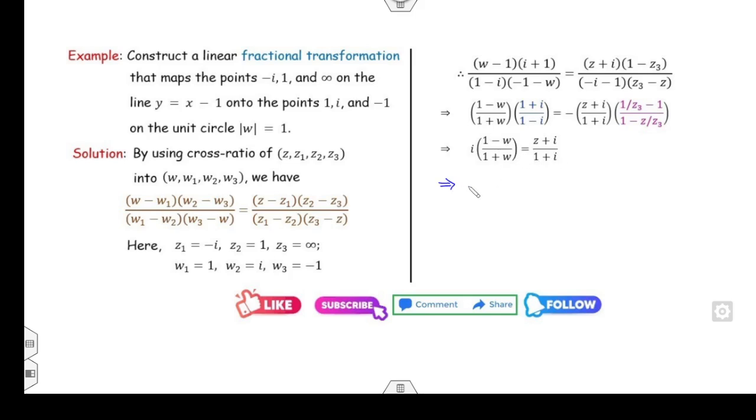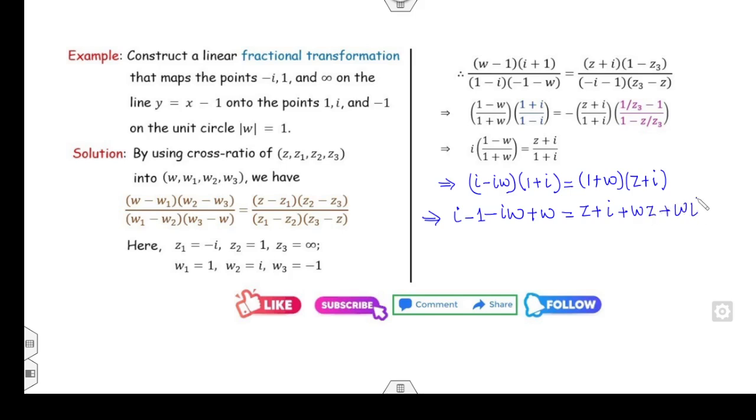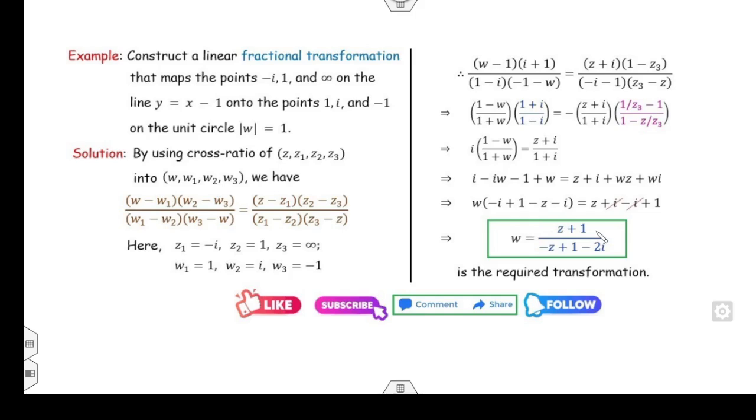So that will be iota minus iota W into 1 plus Z, or you can apply the componendo and dividendo rule, choice on your side. So that is iota square is -1, minus iota W, minus iota square, plus W. So it's Z plus iota W plus W iota. Now you can find the value of W. That is the required answer of the given formulation.